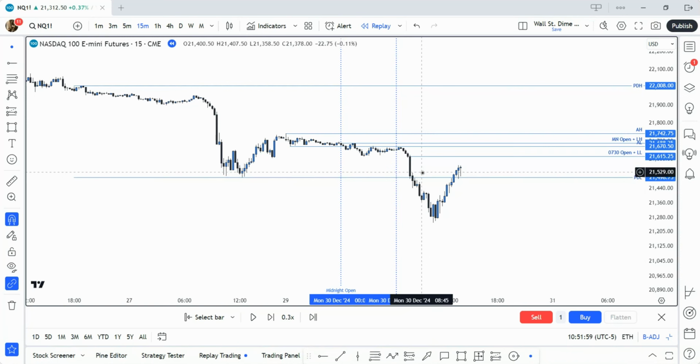December 30th, and in fact, this is what my analysis said, is I would like to see price try to reach above the midnight open or the 7:30 open, or at least try to see how it's reacting from those levels before I would go short. But, as we saw in this trade, at 7:30 the market was already beginning to roll over.